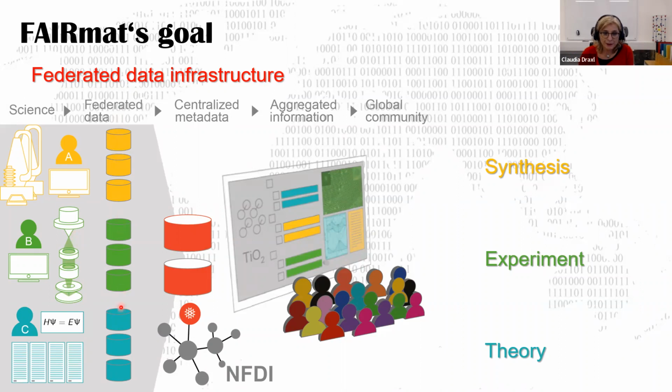But most important, even if these data are stored locally, we need to put the information about the data together in a central place. In other words, the metadata, the description of the data, will be stored centrally in a central database, such that we have all the information about the possible data available, and can even trace back to the raw data if we need it.